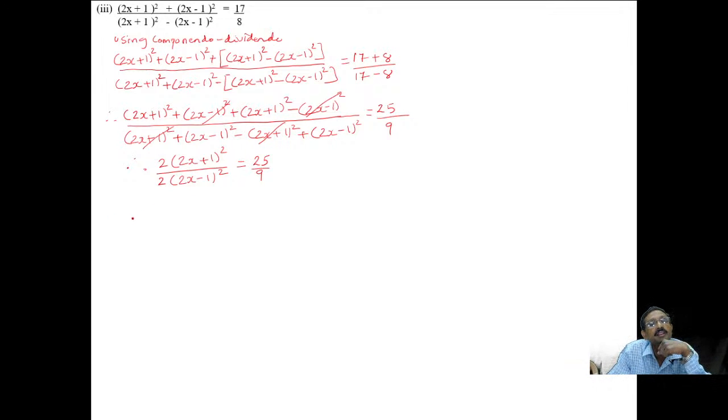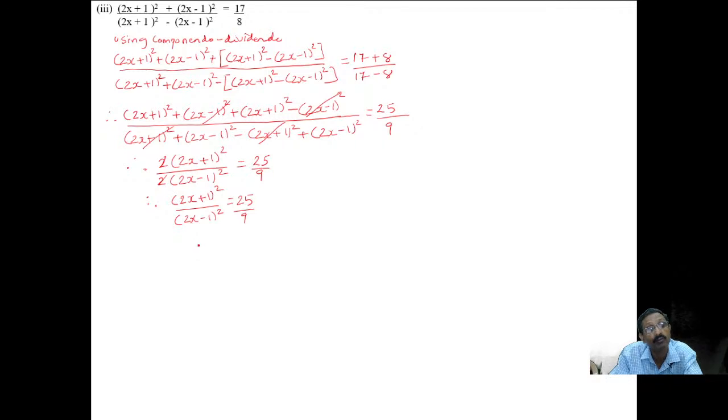What further can be done? So we think, what can be done? 2 ones are 2, 2 ones are 2. So what we are going to get here is, therefore (2x plus 1) square upon (2x minus 1) square, which is equal to 25 upon 9. Now what can be done so that we can get rid of the square term? Can we take square roots on both the sides?